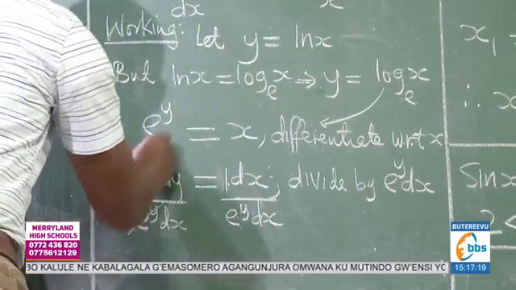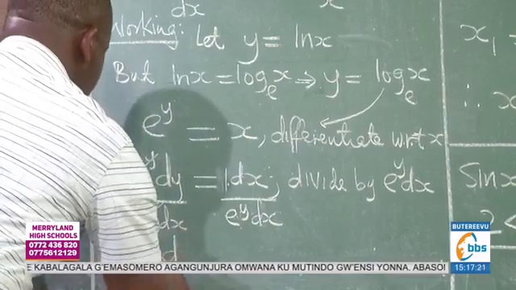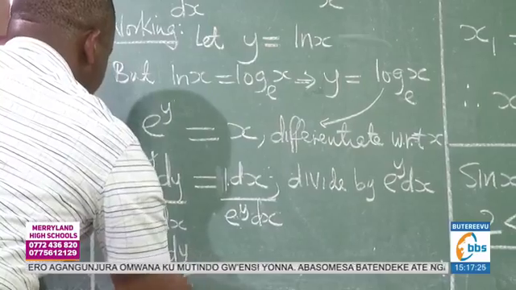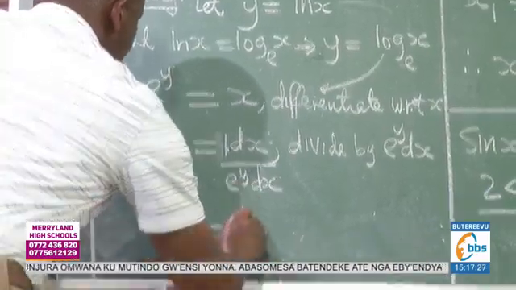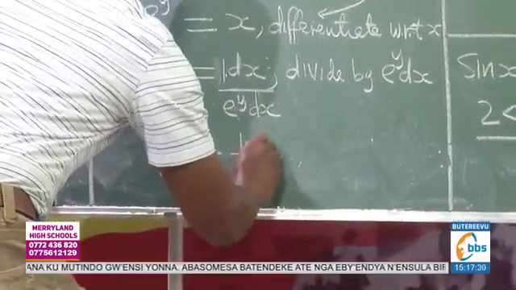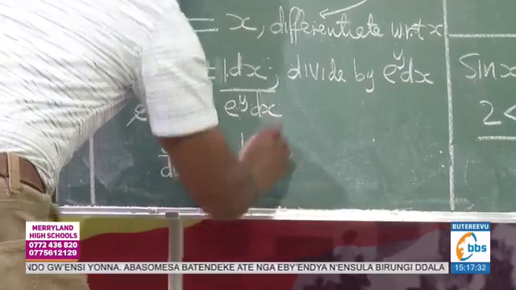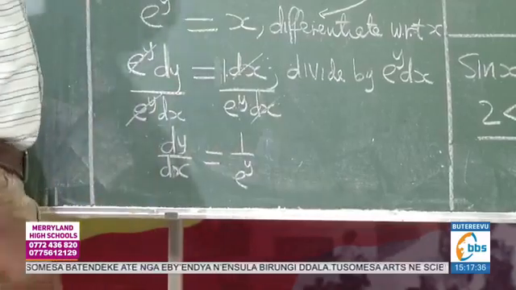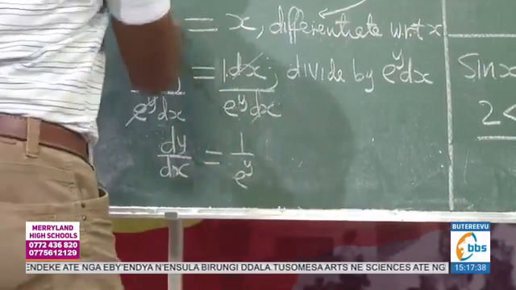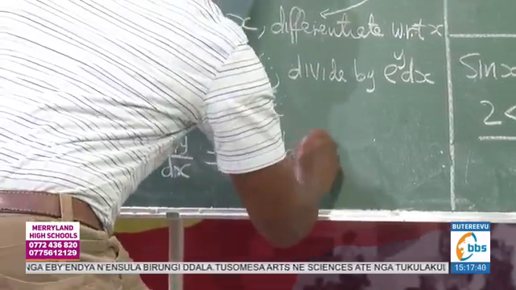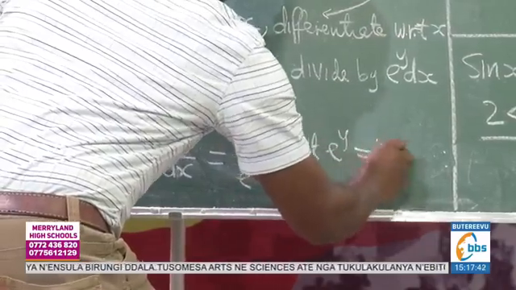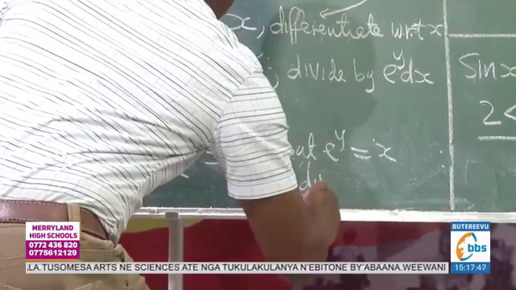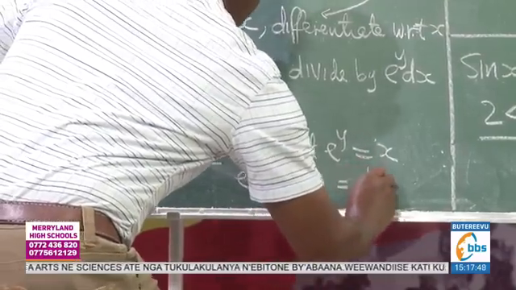The e to the y here will cancel, and I'll get dy by dx. Now, dy by dx will be 1 over e to the y. But e to the y is x, implying, therefore, that my dy by dx is actually 1 over x.